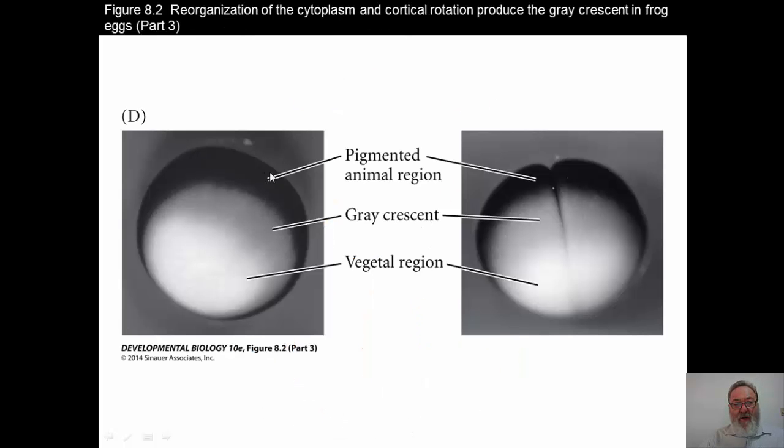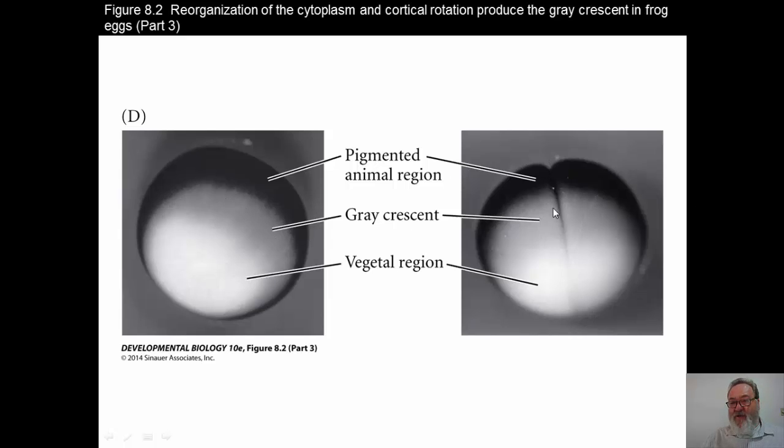This shows an example of the gray crescent. We saw this previously, but here you can see a fertilized egg. The gray crescent is right in this area, and this is the area that is going to form the dorsal lip of the blastopore. It's going to start gastrulation here. This is going to form the primary organizer.